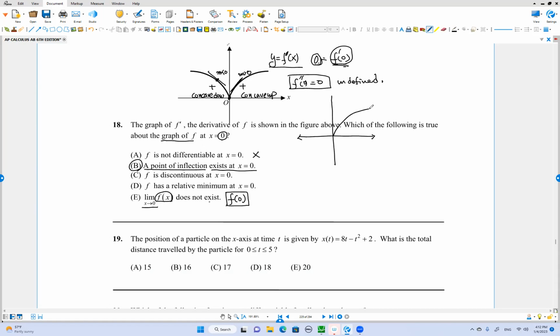This is the graph over here. This is the graph of y equals f prime x. And we're going to make another graph on the same axes over here, okay? If somewhere over here, x, this is y. We're going to find the graph of f of x, that original graph. This is concave down, right?